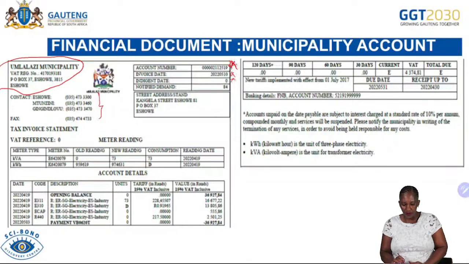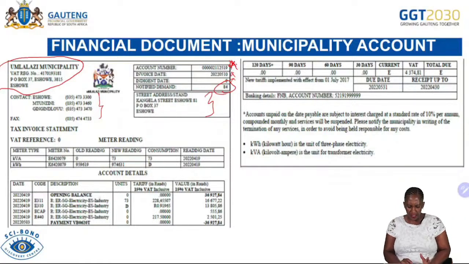And then notified demand, there's the number, and the address of which property, there's the address of the property, and then the tax invoice statement, it says the VAT reference is 0 there, and then the meter reading, it shows us how many units you used on your meter reading.